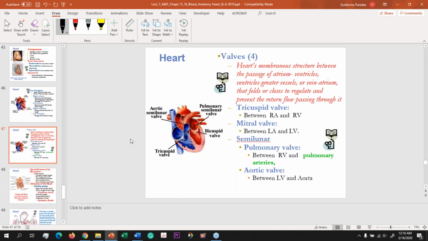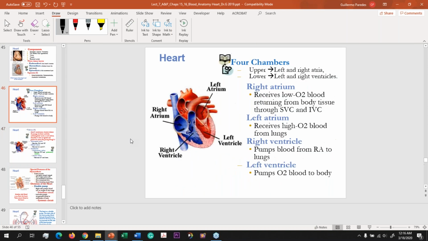Okay, so for this, you need to really be a master of the cavities of the heart. So I'm going to select specifically a few things. What is coming in and going out from the right atrium? Coming in is the superior vena cava and the inferior vena cava, in the right atrium. What is coming out from the right ventricle? The pulmonary artery.